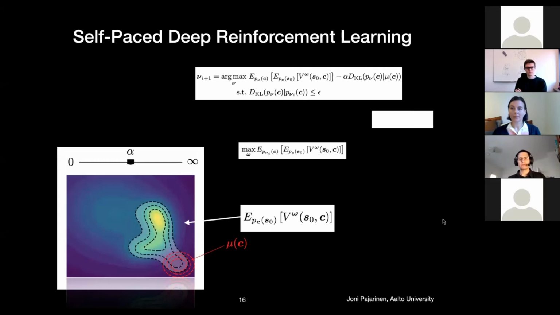Then the second part is below that, the one that now appeared on the slide. Here we maximize the parameters of the agent, so the policy parameters and the value function parameters, in such a way that we maximize the value function for the current context distribution.